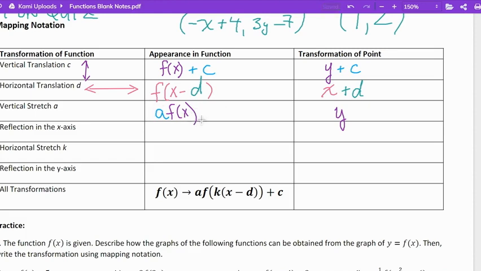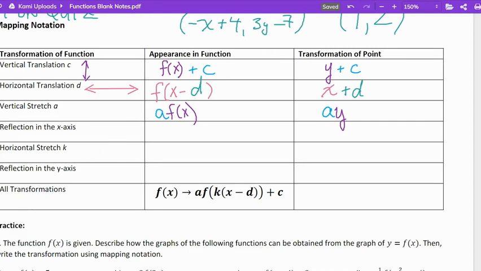When we have function notation, it goes in front of the function notation. And when my vertical stretch was 3, what did I do to the y? I multiplied it by 3. So that means it's A times y. Okay, so we're just coming up with a formula for all these transformations.